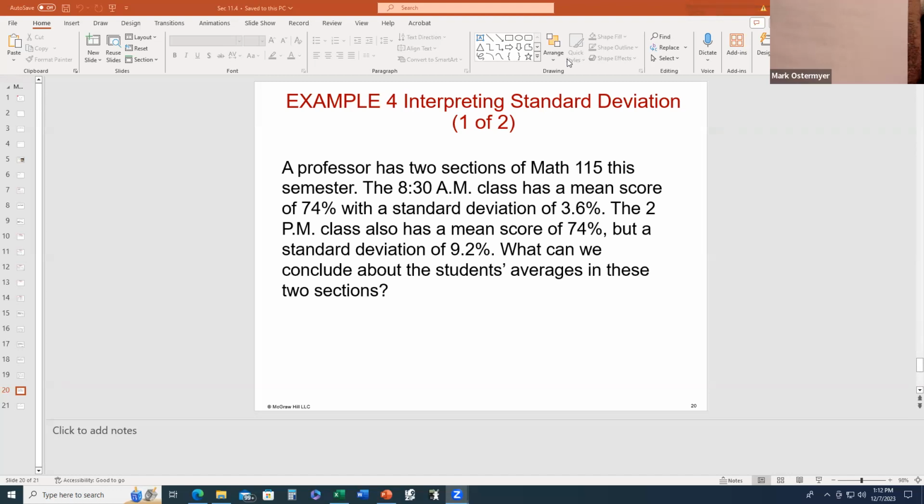Let me ask you this. Which scores are more spread out about the mean, morning or afternoon? Afternoon. Scores are all over the place. Do you agree? In general, with the afternoon group as opposed to the morning group.